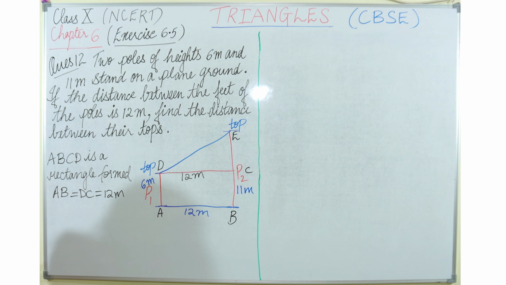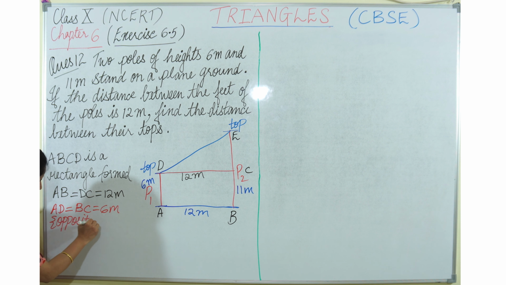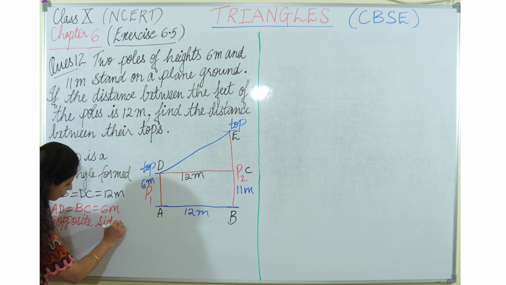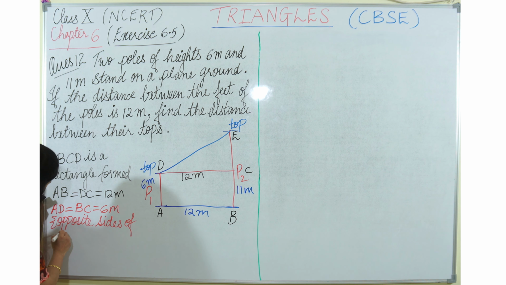Then my AD will be equal to BC, so that will be equal to 6 meters. You can write down the reason also: opposite sides of a rectangle are equal.